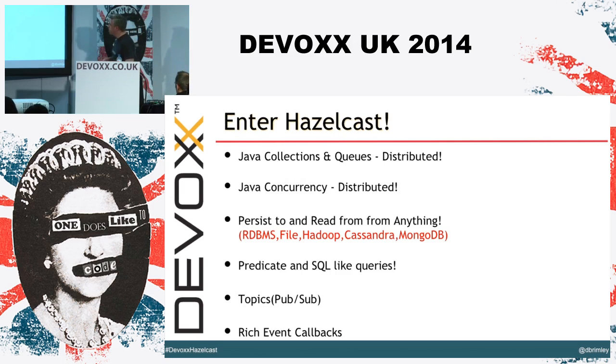So this is where I want to talk to you about Hazelcast. Hazelcast is an open source Apache 2 license project. And we provide Java collections and queues, but they're distributed. You can run a hash map or a set or a list, and that will be distributed in the Hazelcast cluster.